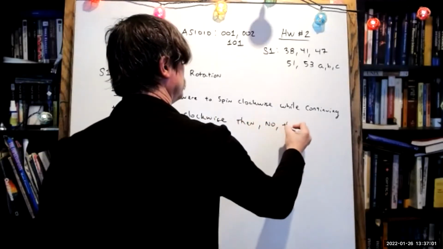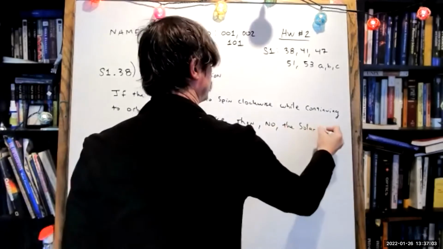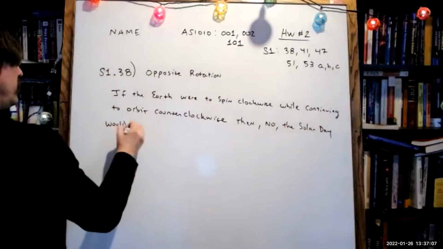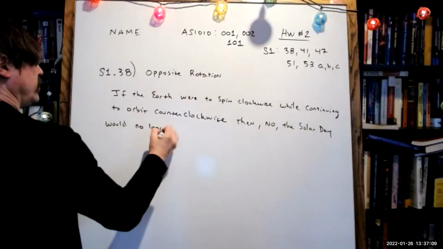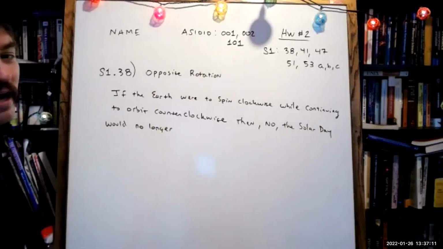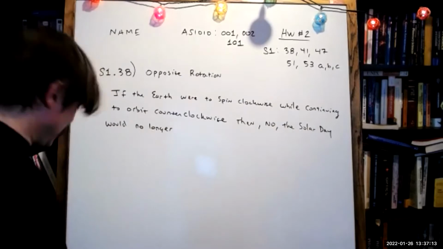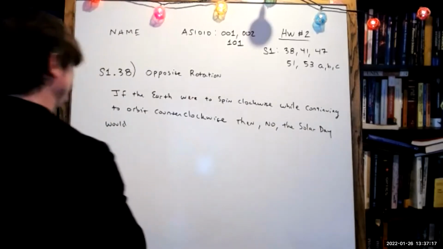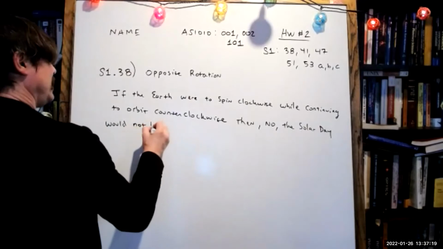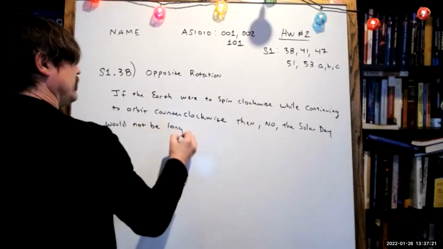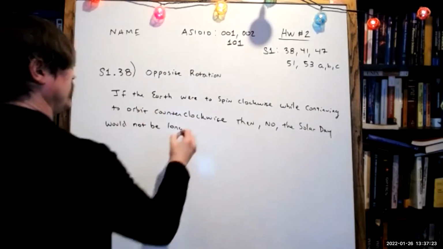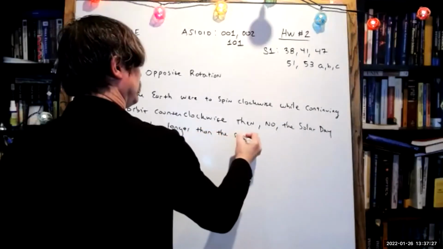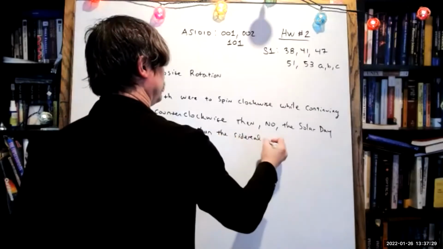no, the solar day would no longer, oh, I don't want to say no longer be longer, so that's too weird. I want to say would not be longer, okay? The solar day would not be longer than the sidereal day.